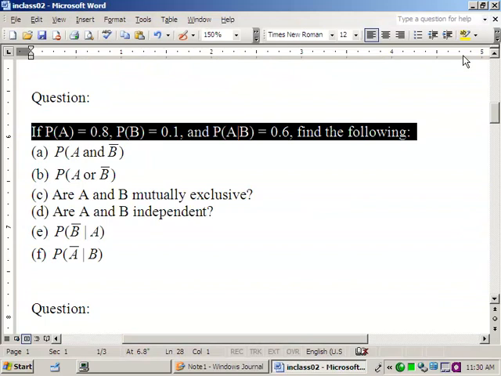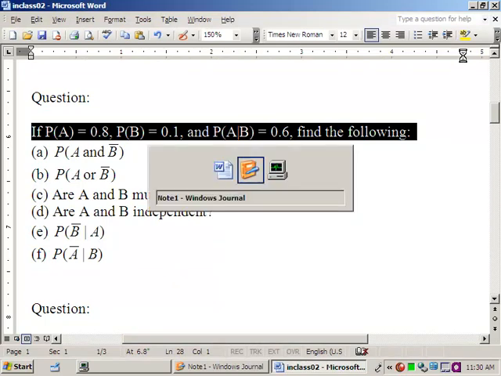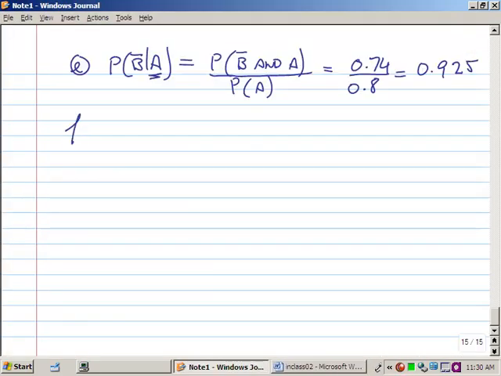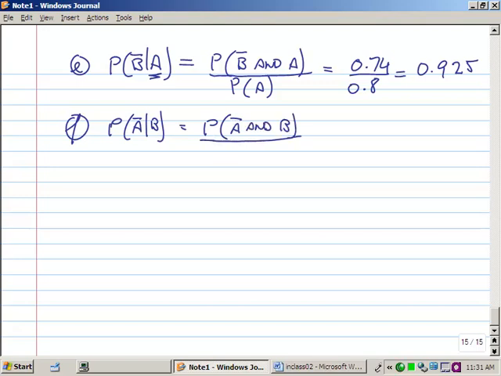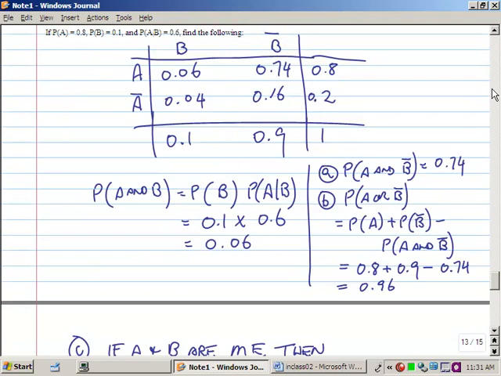And the next problem, F, probability of A bar given B. Alright, we'll go through the same routine. The two events on the top, A bar and B, divided by the probability of B, since it's conditioned on the left-hand side. Probability of A bar and B, go back to our table, A bar and B, no, that's not it.